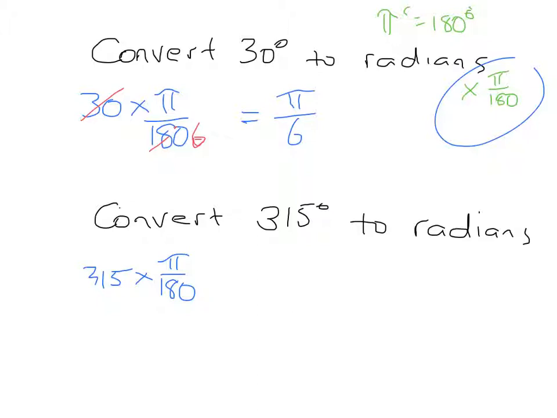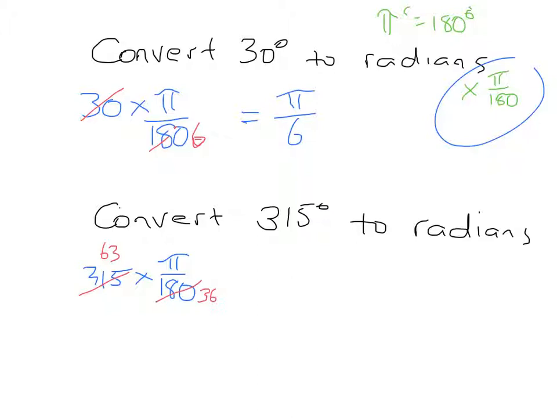Okay. Now, what's going to go into both 315 and 180? 5 will. So 5 going into 315 is going to be 63 times. 5 going into 180 will be 36 times. Now that's simplified it down. You may have already recognised there's a bigger number that goes into 315 and 180, that's fine.